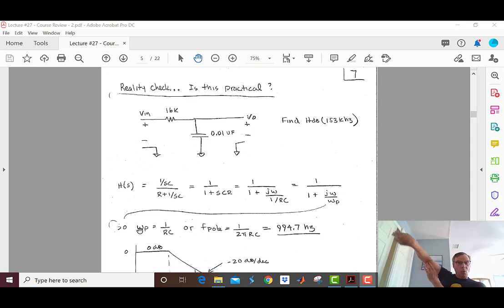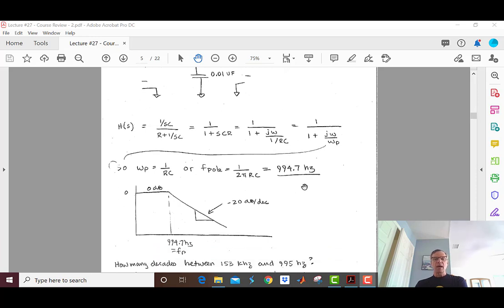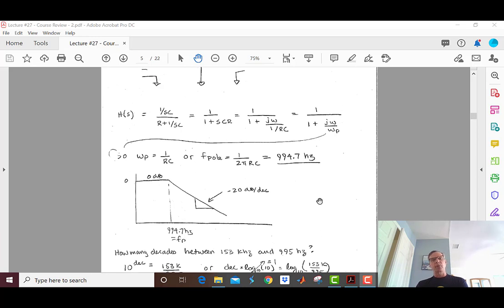Because for one cycle, you go around 2 pi radians, but you only go around one cycle. So the frequency in hertz is always going to be less than the frequency in radians. And it's going to be 994.7 hertz.